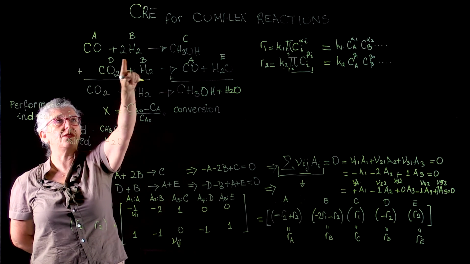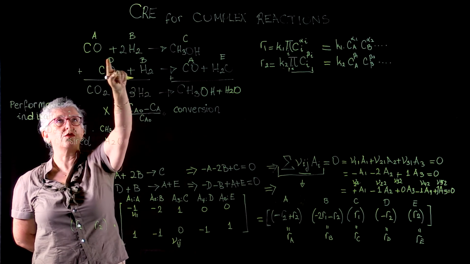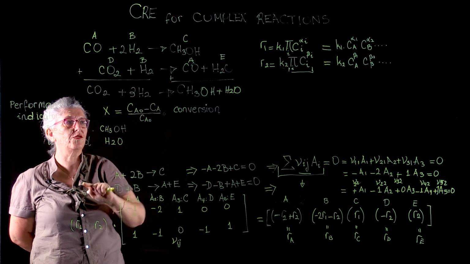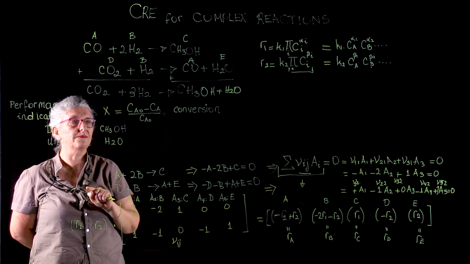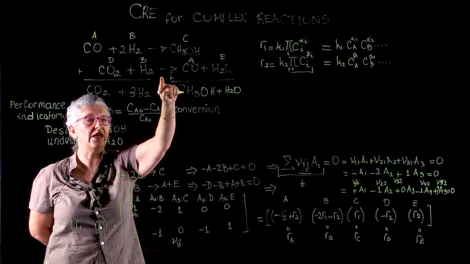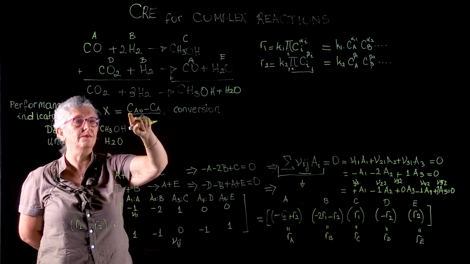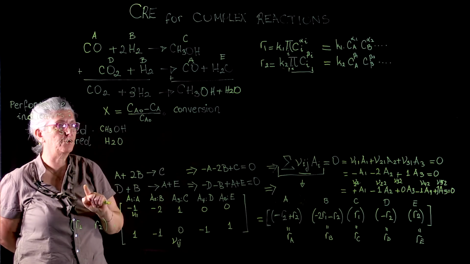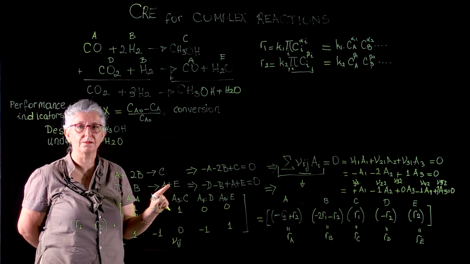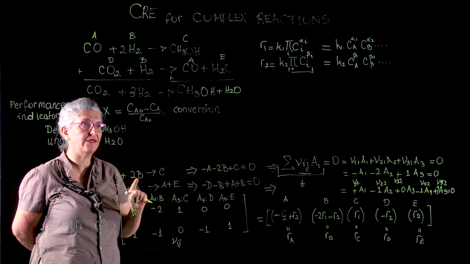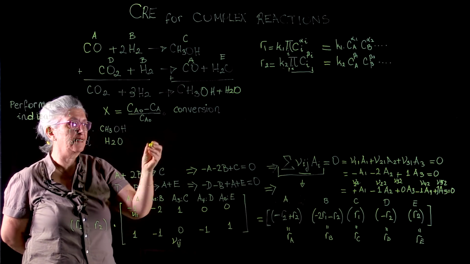In this case, we can write the conversion for carbon monoxide or hydrogen. Let us write it for hydrogen. Right? It is involved in both of those reactions. So instead of CA0, we can write CB0. I'm going to skip the symbolism, but I will define the selectivity and the yield.